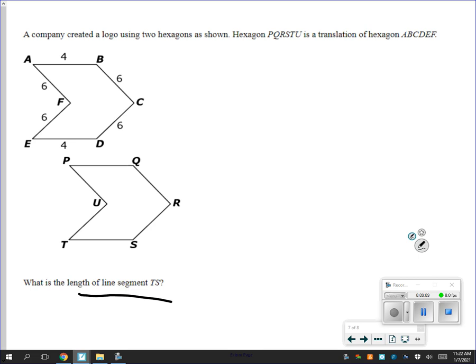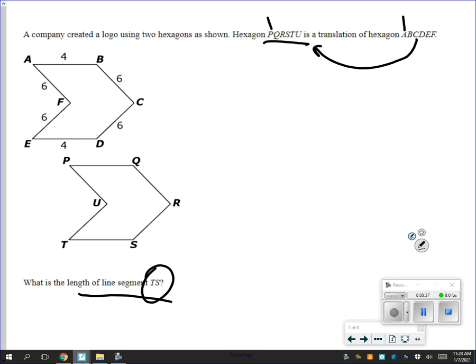Well, we got to do a matching game here. And you'll notice PQRSTU, whatever order they put it in to begin with, you're going to have the same matching order here. So that means whatever's first in this line matches with the point that's first in that line. So P matches with A, Q matches with B, R with C, and so on and so forth. So when I want to figure out how long is TS, I say, okay, what does it match with?